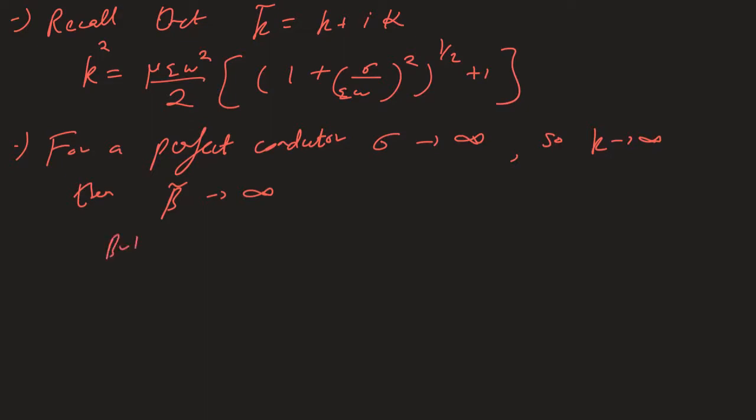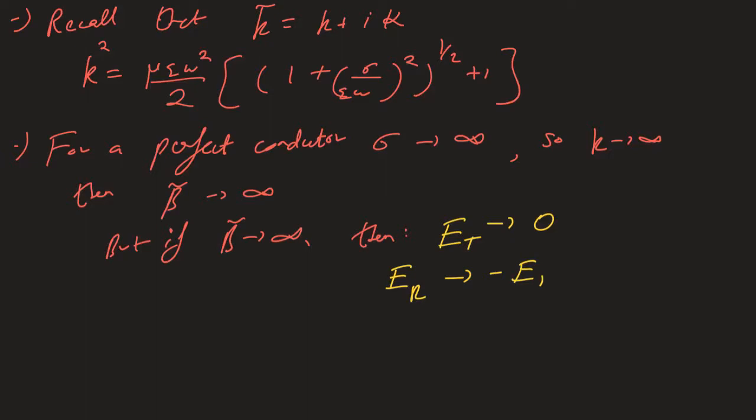But if beta tilde goes to infinity, then that means two things. That means that E transmitted goes to 0, and that also means that E reflected goes to negative E incident.